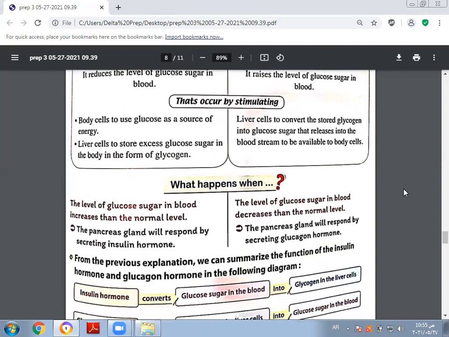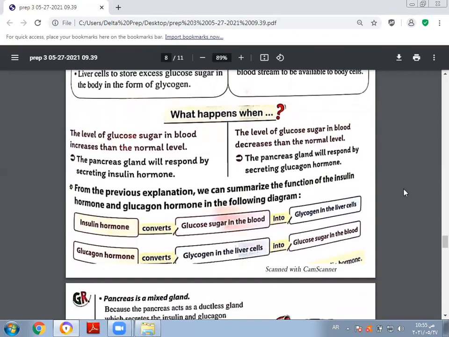So what happens when the level of glucose sugar in the blood increases above the normal level? When the glucose increases, we need to decrease it again. So the pancreas gland will respond by secreting insulin hormone.